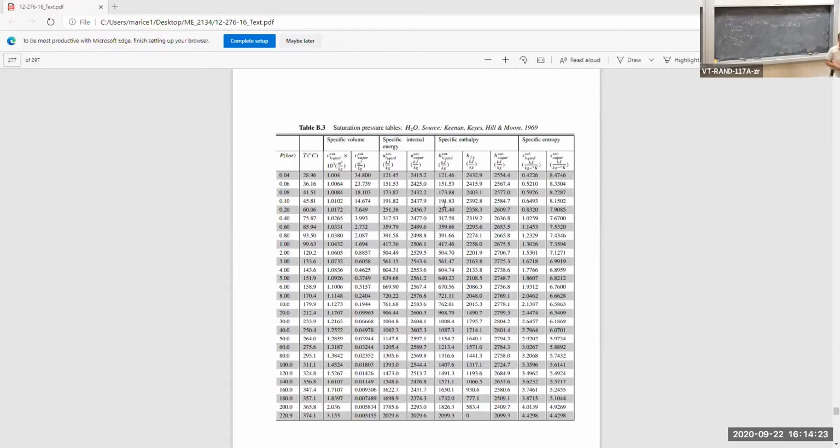Let's crank out the shaft power. M dot was 12 kilograms per second. H2, 2393. H1, 3240. And those both have units of kilojoule per kilogram. And then I have my delta KE from 1 to 2.